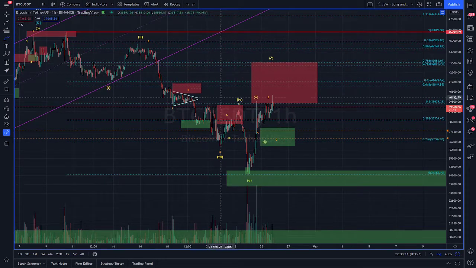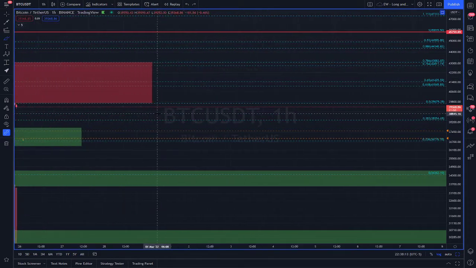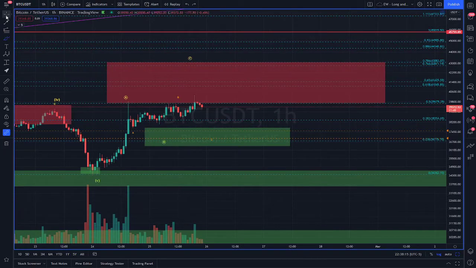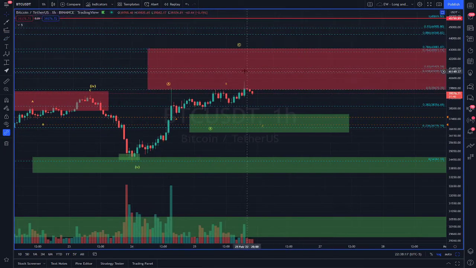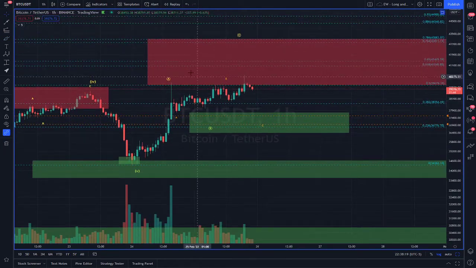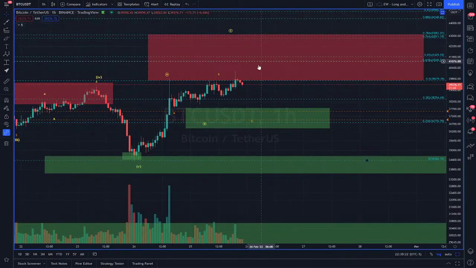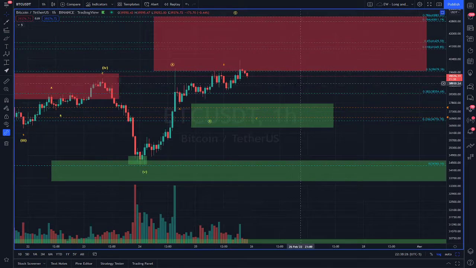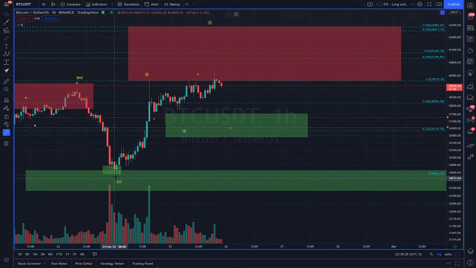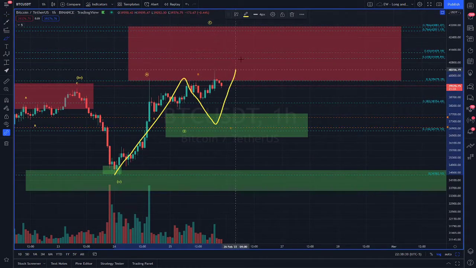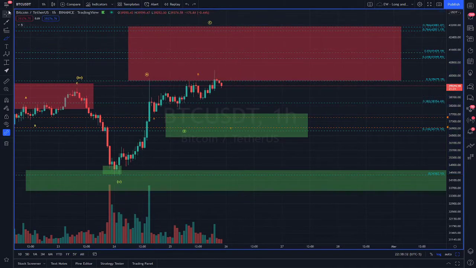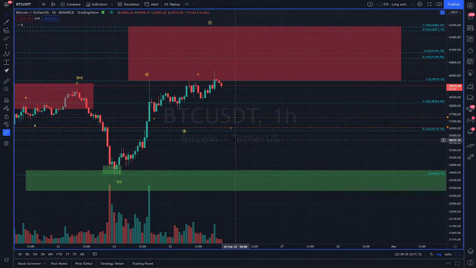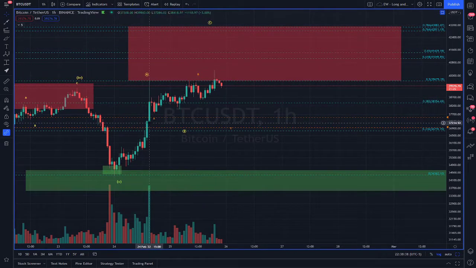So let's zoom in a little bit closer now that we know this zone where we should see rejection. You can see we've spiked into it already. Typically, like I said, we see something that looks like an ABC, and I had this drawn on there from last night. I'm going to get rid of that for now because I'm not exactly sure where we are in this.